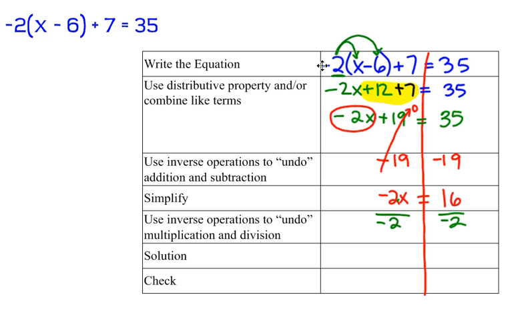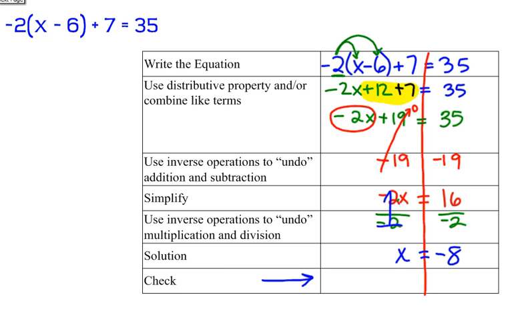And I'm going to show that -2 divided by -2, that's a big 1, the whole number 1. But you know I'm not going to write 1x. I'm just going to write x. And 16 divided by -2 is -8. I would like you to please do the check portion tonight as homework.